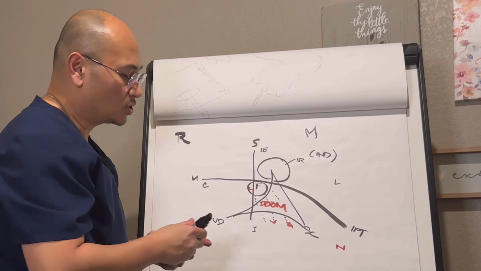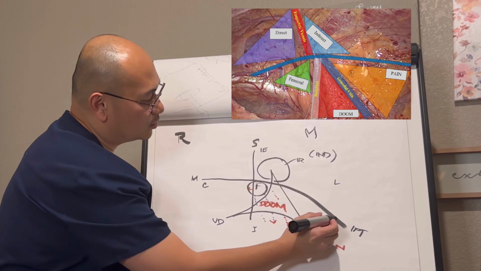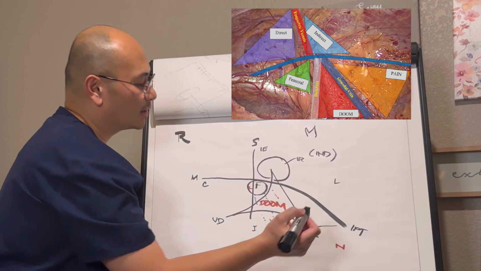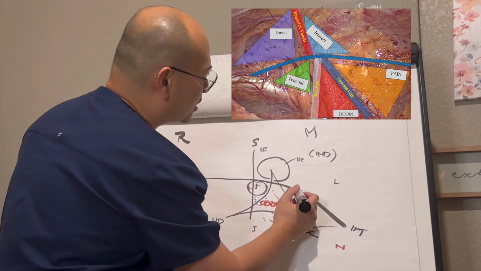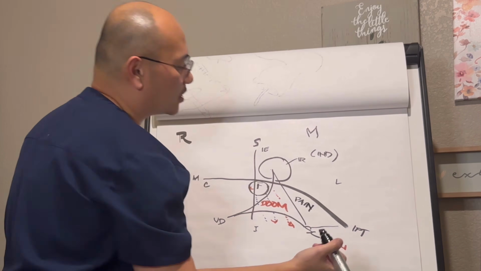And so that's the relationship of your femoral canal to your internal ring and indirect hernia. Okay, so when you draw a triangle here to the iliopubic tract, it forms another triangle there. And that's going to be the triangle of pain because your nerves are there.